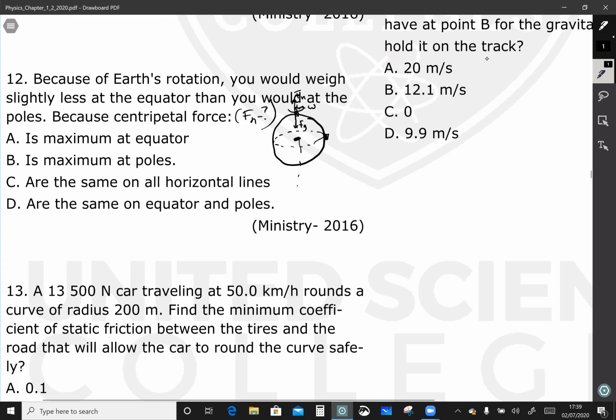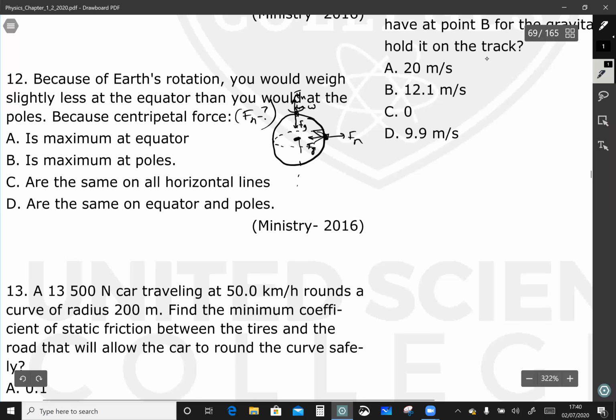Again, two forces act on your body: the gravitational force pointing to the center of the Earth, and Fn perpendicular to the surface. But at the equator there is a centripetal force, while at the poles there is not, because your body is not moving on a circular path. At the equator you are moving on a circular path, spinning.